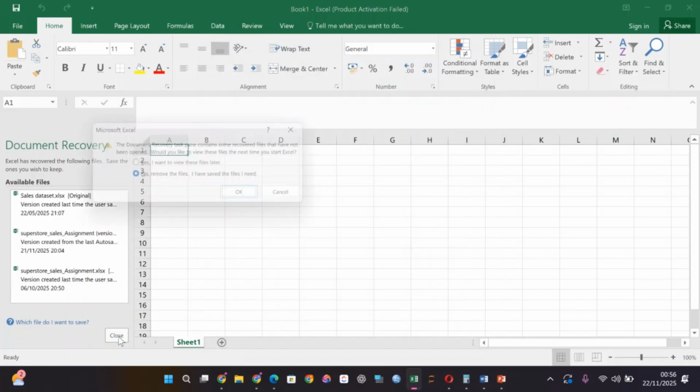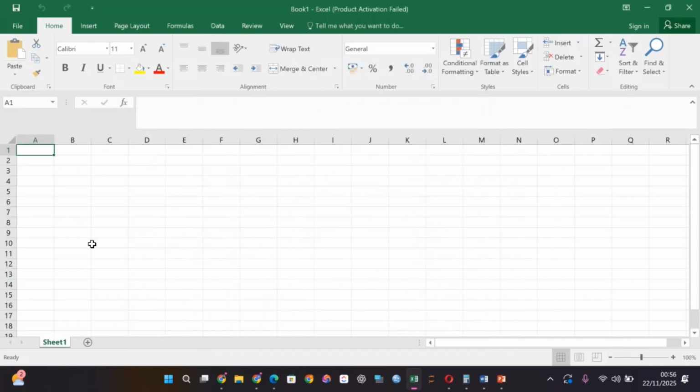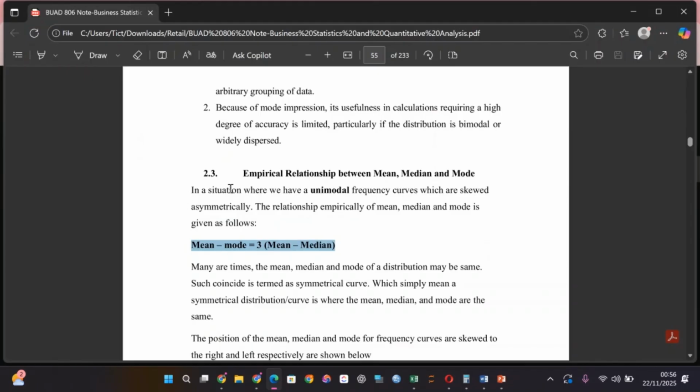Is it too early to ask a question? Ask the question. What do they mean by unimodal frequency curve? In a situation where we have a unimodal frequency curve, right? Sorry, your question again.